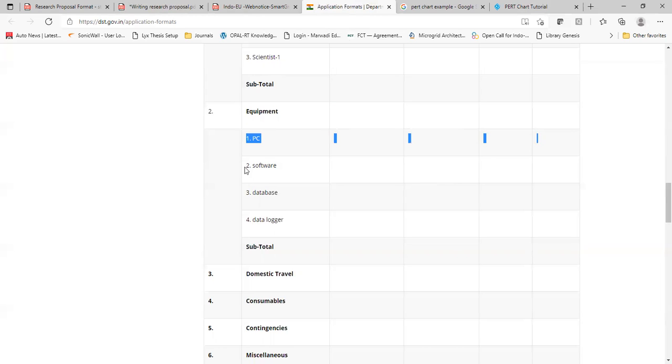Fine. Then software. If there is any proprietary software which you must have to execute the project, then you can mention the software here. Then database and data logger. This is something related to computer people, but in equipment, what we can propose is, for example, a controller.